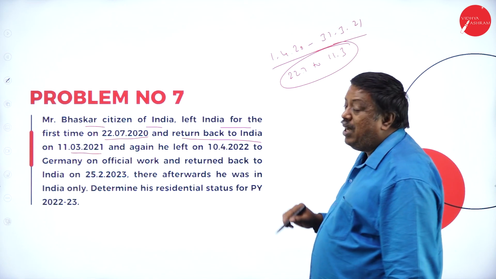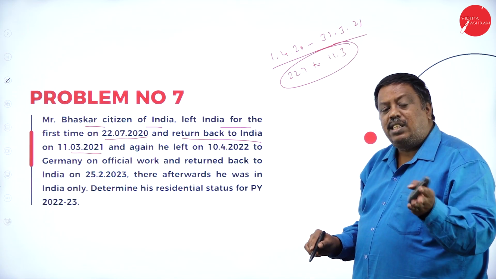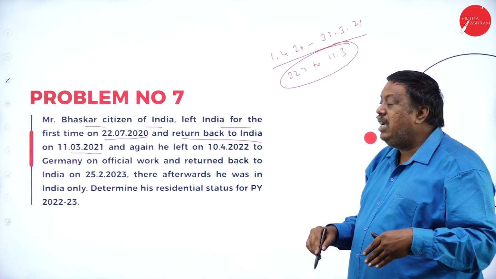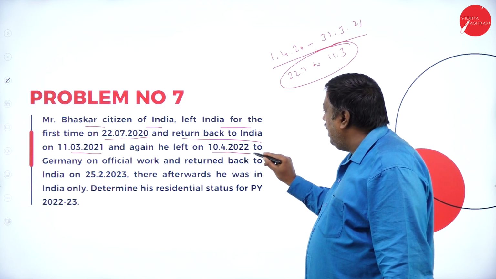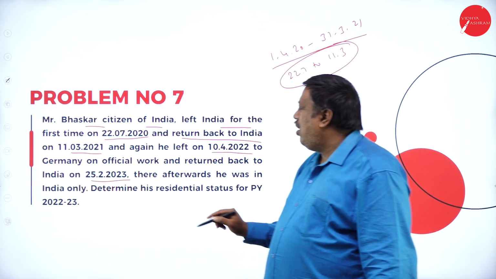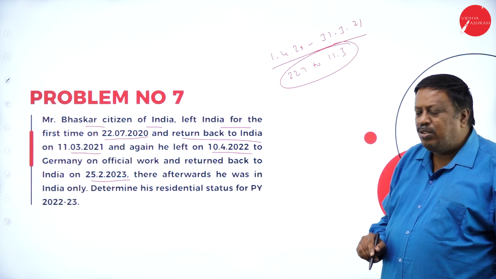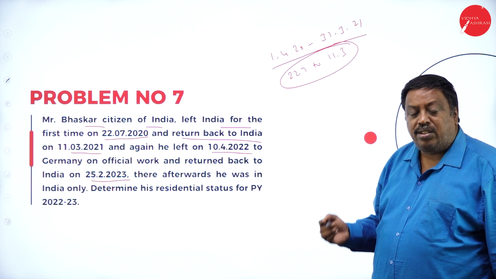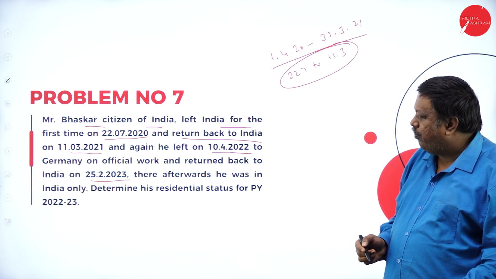So the first time I left was in the year 2020-21. Before that, I was in India, and after that, I was in India. During previous year, on 10th April 2022, I left India and I returned back to India on 25th February 2023. So now we have to check the residential status for previous year 2022-23.